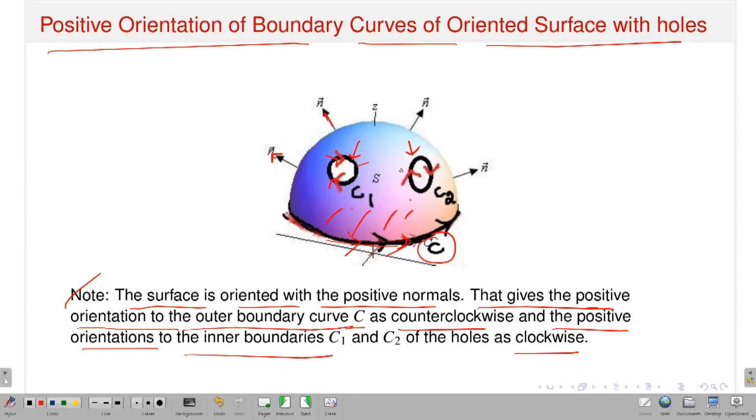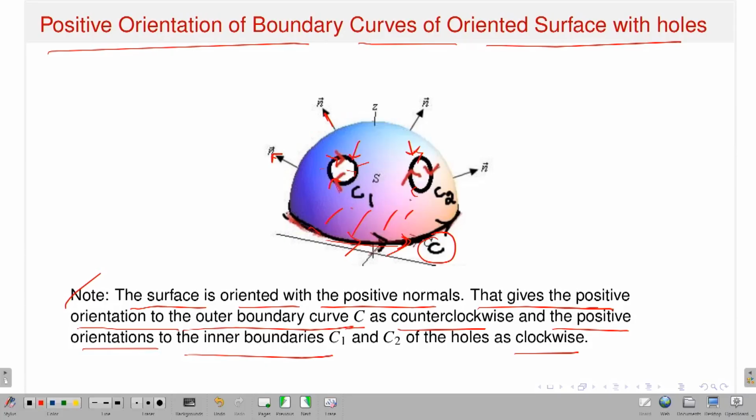Similarly, for the other hole, if I move in the clockwise direction, my surface is on the left hand side. That means the orientation of my surface induces a positive orientation. Positive orientation means that I start with a smooth surface with some given orientation, and I move along the boundary in such a way that the surface is always on the left hand side.